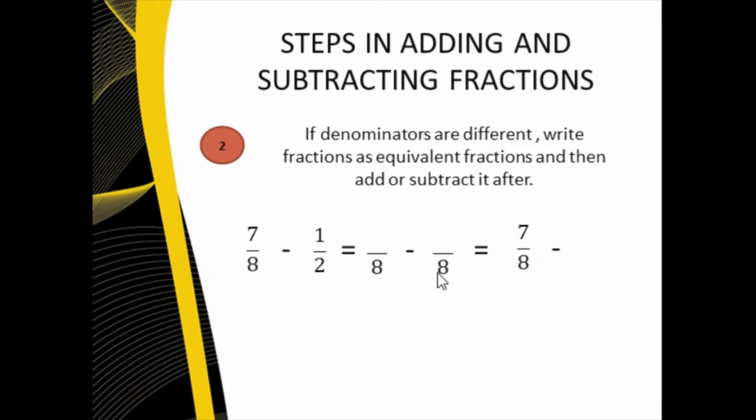Minus 8 divided by 2, 4 times 1 equals 4 over 8. Their denominators are the same already, so we subtract them and we get 3/8. Okay.